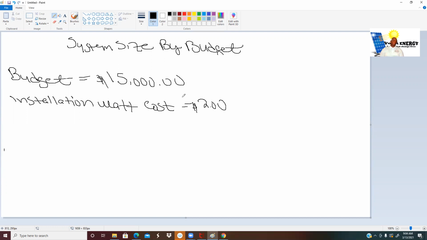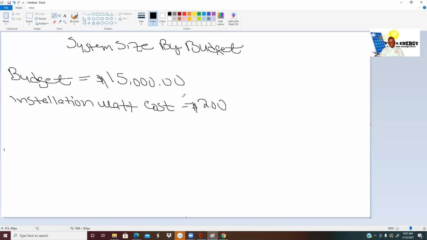Installation watt cost is $2. And we have to find the watts PV, and then find the kilowatts, and so forth.